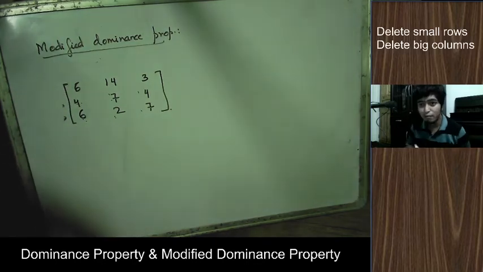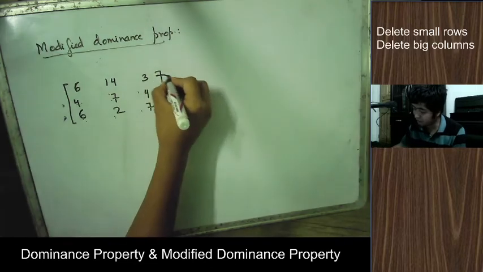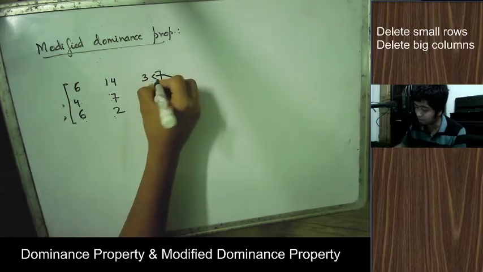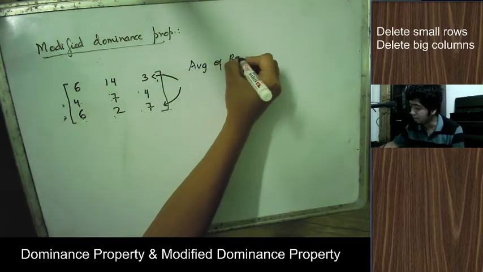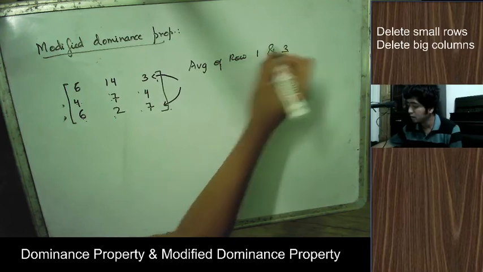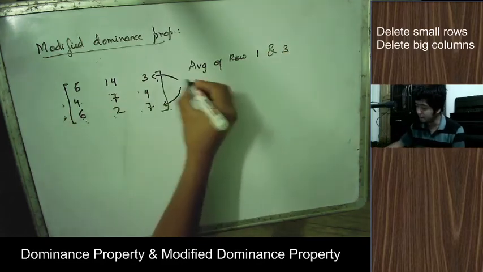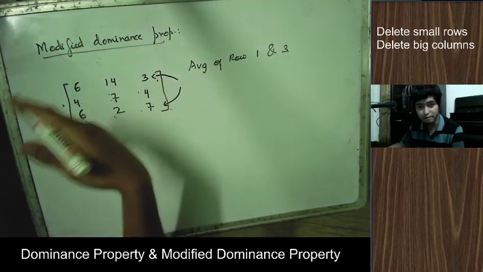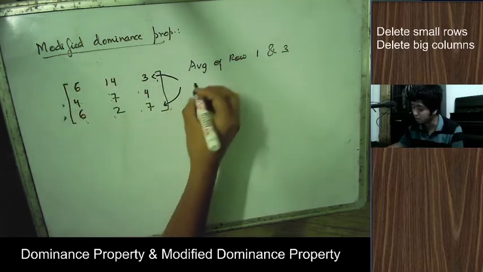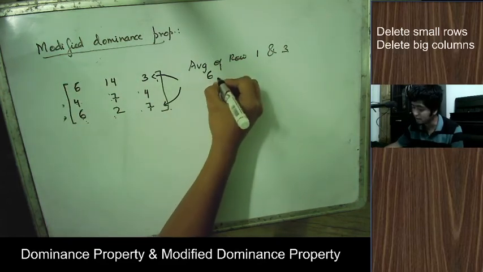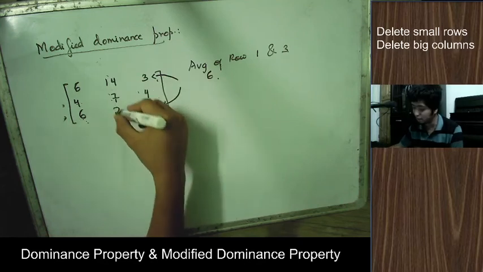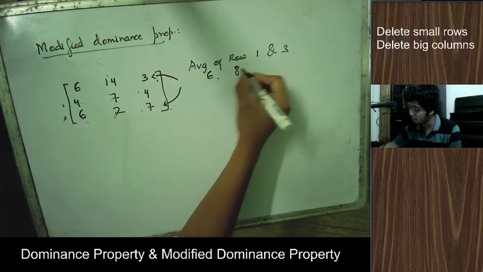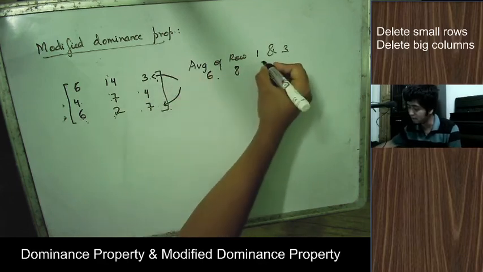But now we can use the modified dominance property. What is the average of row 1 and row 3? It is 6 plus 6, which is 12, divided by 2 because you are looking at 2 rows, so you will have 6. The average of this one, 14 and 16, is 8. The average of this one is 10 and 5.